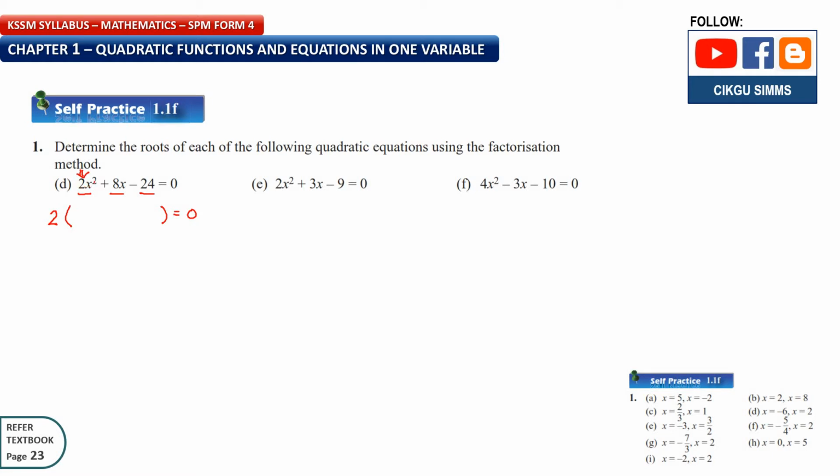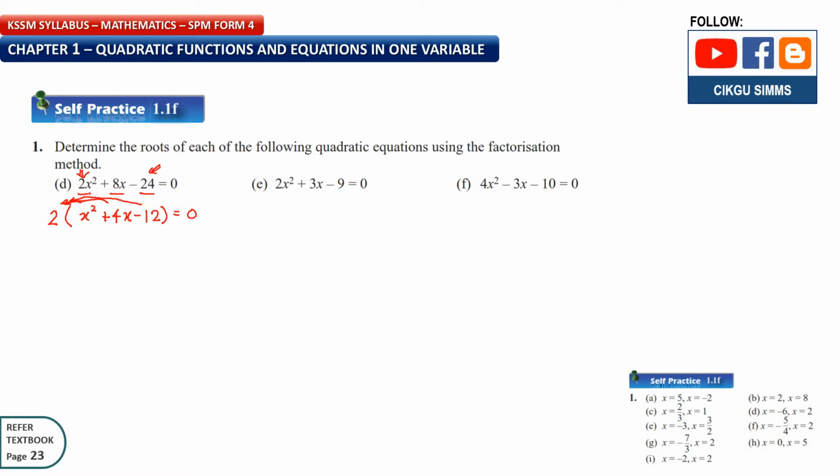Okay, and 2x squared divided by 2 is x squared, 1x squared. And then 8 will become 4, 24 become 12.